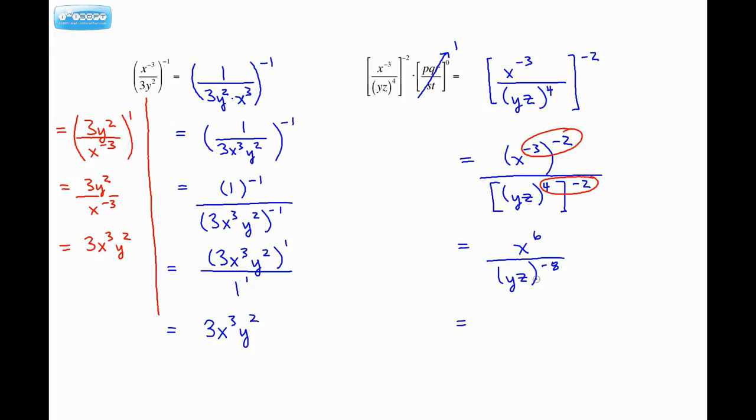So this power here can shift to the numerator, leaving an invisible 1 in the denominator. But again, everything inside this set of brackets is being raised to the power of 8. So this is just x to the 6th, y to the 8th, z to the 8th. Finally, we're done.